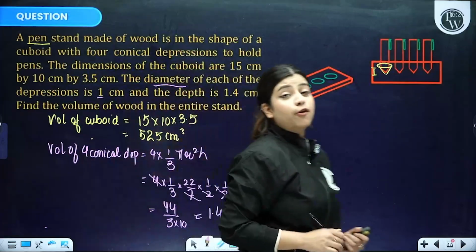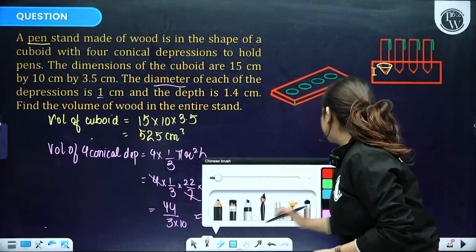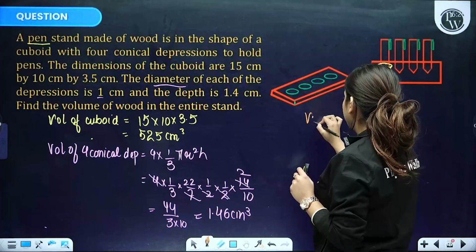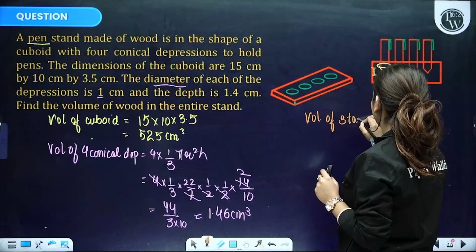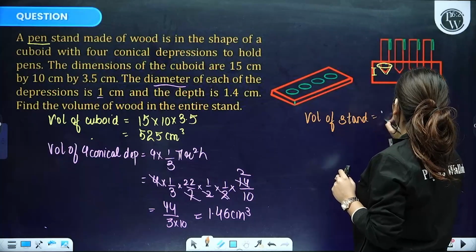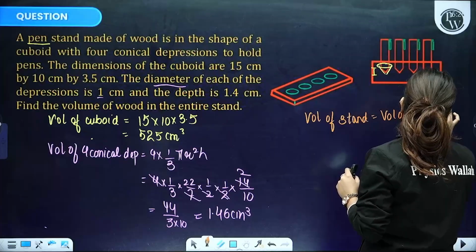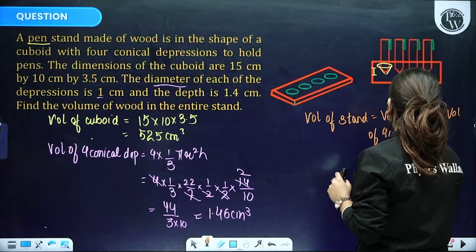Now this is the volume of 4 conical depressions. So what is the last thing, students, that we have to calculate? The volume of the entire wood. So volume of stand is equivalent to volume of cuboid subtracted by volume of 4 cones.